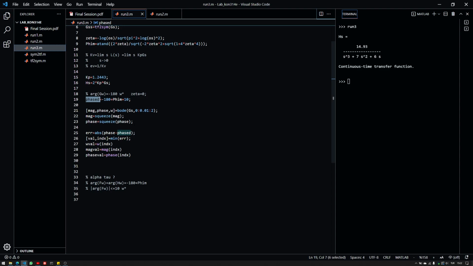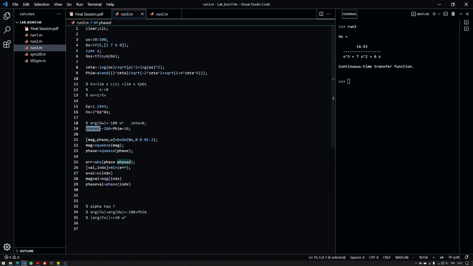And with the same phase, I should have the same phase margin, the same zeta value, and therefore the same overshoot. So the overshoot should not change if my controller has almost exactly 10 degrees contribution at that frequency. So I hope that this makes sense. Now I'm adding 10 to it, and I'm going to search that point on the bode plot.